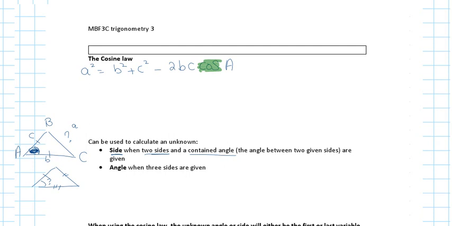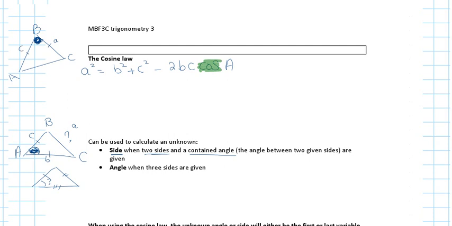Okay? Now let's figure out what the formula would be if I have angle B, angle C, and angle A, and let's say they give me angle B. Which two sides do they have to give me? They have to give me side A, and they have to give me side C, because I need two sides and a contained angle. What side would I be looking for?